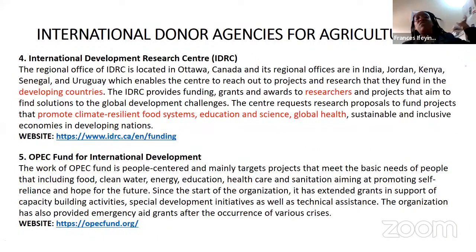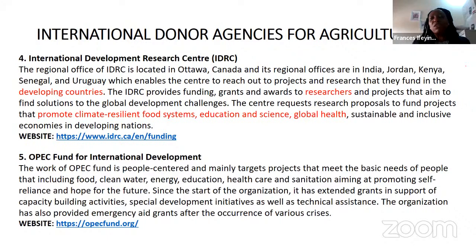And we have the International Development Research Centre, right? This is based in Canada, and they have offices in India, Jordan, Kenya, and some other countries. They are interested in projects and research in developing countries.